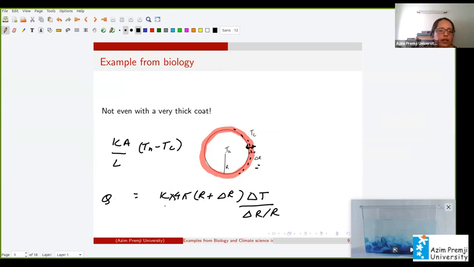We've actually used conductivity, etc., and we have arrived at some formula for heat loss. Now, that should be equal to the amount of heat produced. And we said earlier that that is some constant times the volume, right? So it's actually 4 pi times something R cube. Essentially, it's some constant times R cube. So this is the rate of heat production, and this is the rate of heat loss. And this rate of heat production has to be greater than or equal to the rate of heat loss in order for this animal to survive.